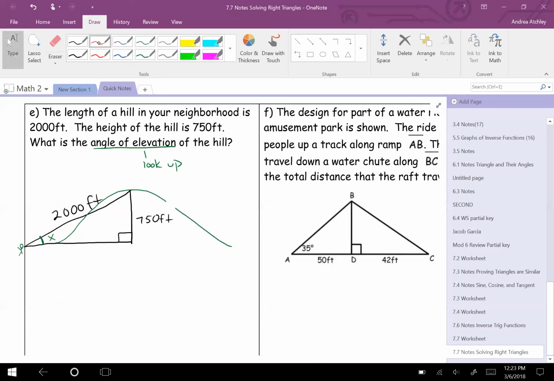Okay, so then from that angle, we're going to label this is the opposite. This is the adjacent. This is the hypotenuse. I have to use the two sides that I've been given. So we're going to use SOH CAH TOA. I have the O and the H, so that's my sine.